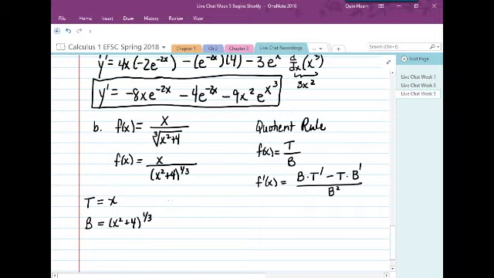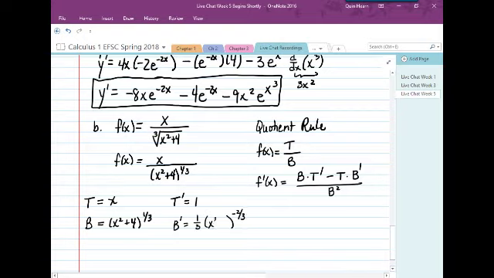So we need t prime. Well, the derivative of x is just 1, so that's easy enough. But the derivative of b, we have a power, something other than an x as the base. So we're differentiating with respect to x, so that means we're going to have to use a chain rule. So we're going to take the derivative as though it were just an x instead of an x squared plus 4 by bringing the 1/3 out front and subtracting 1 from it.